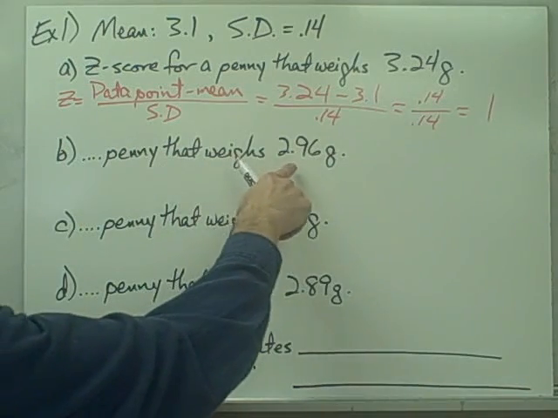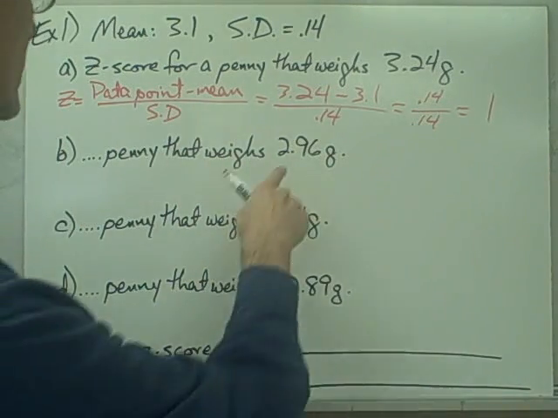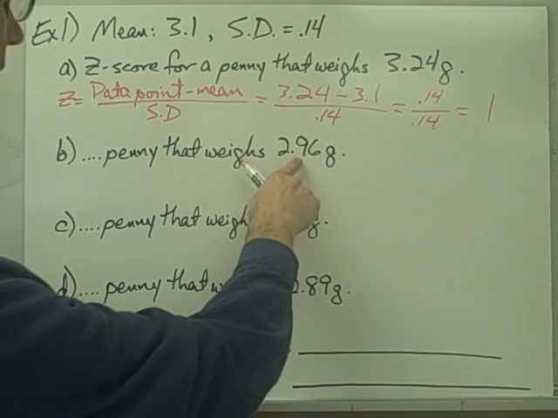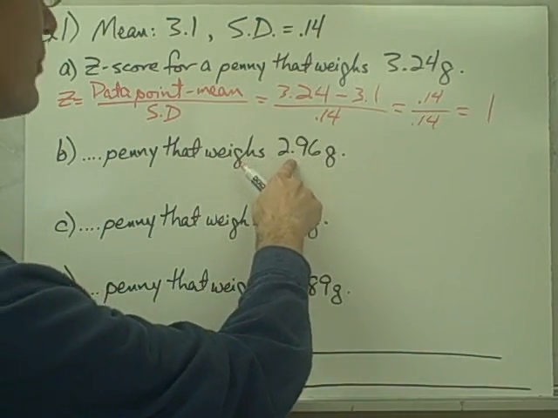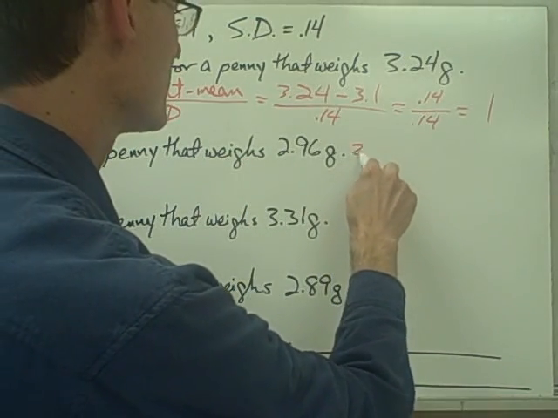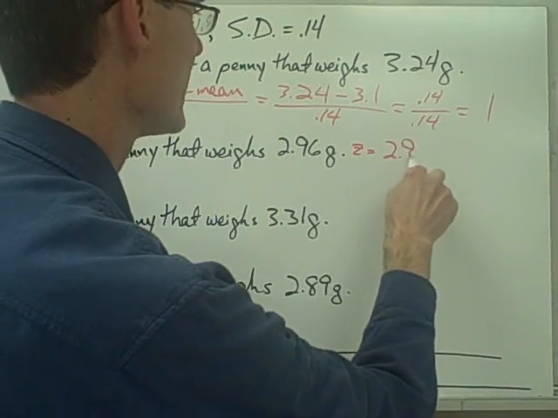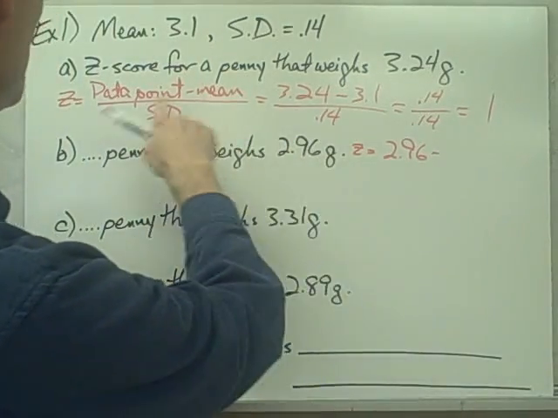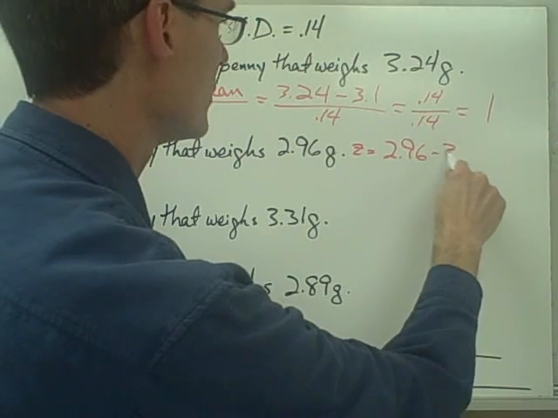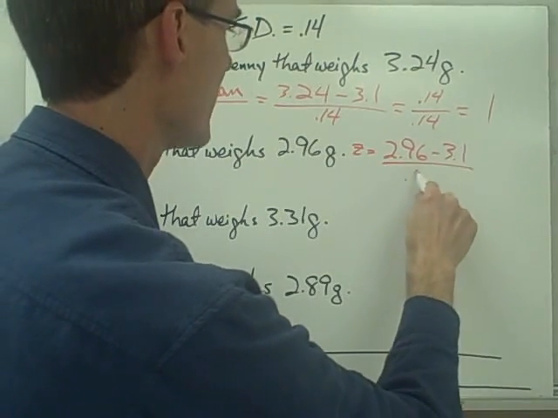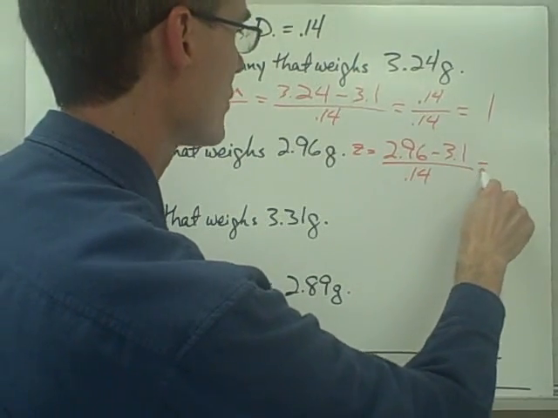What's the z-score for a penny that weighs 2.96 grams? Well, again, I'm going to use the same formula. Now I'm going to plug in this value for my data point. So my z-score is 2.96 minus the mean, which is 3.1, divided by the standard deviation, which is 0.14.